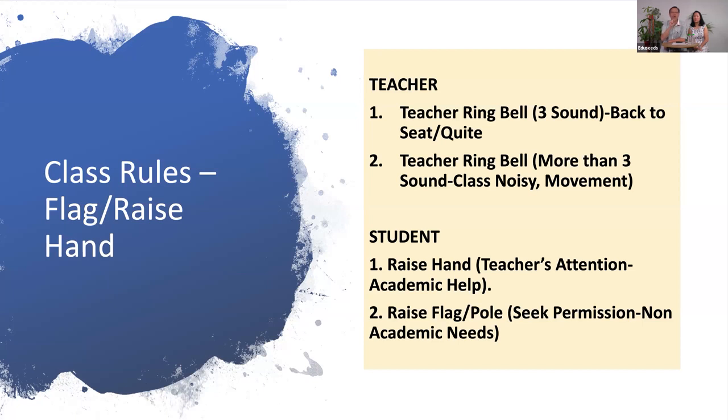Anyone who fails to do that will have his name recorded and will be punished. What is the punishment? I will explain later. Teachers may want to ring the bell more than 3 times. That sound means the class is noisy and there's a lot of movement, and the teacher is giving a warning: be seated and be quiet.